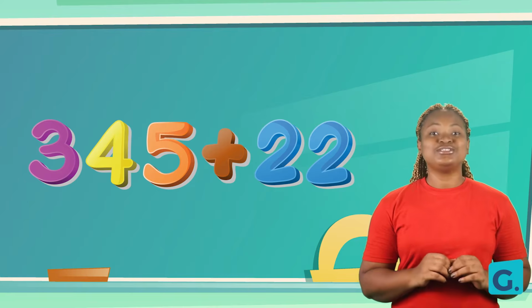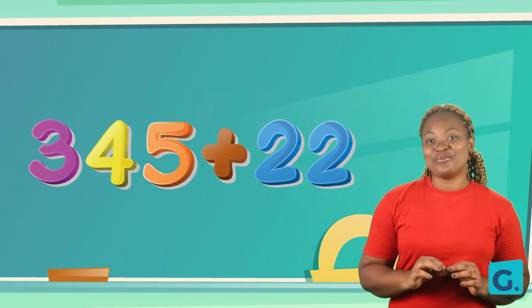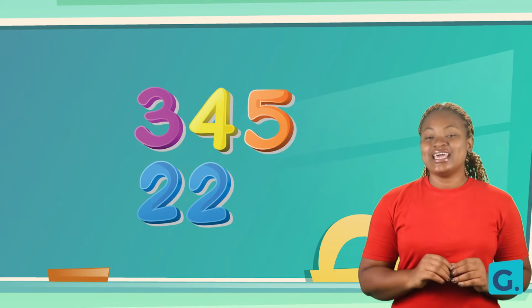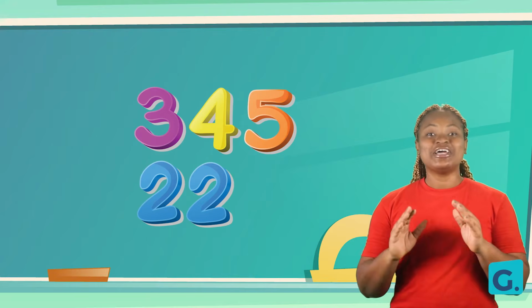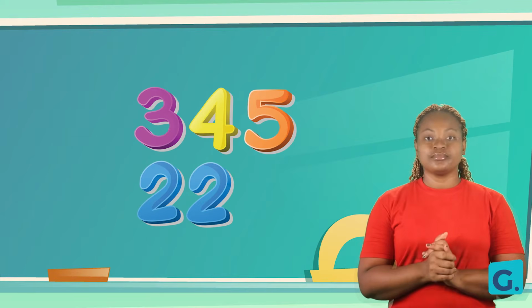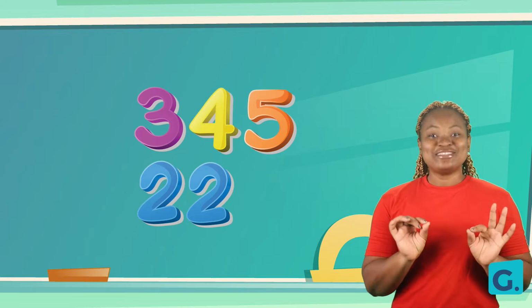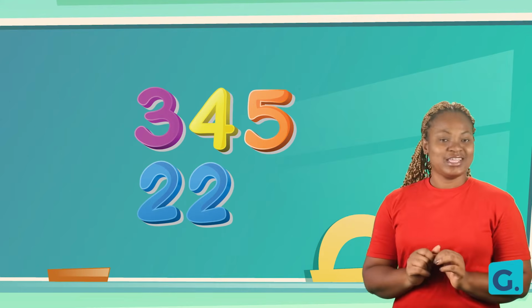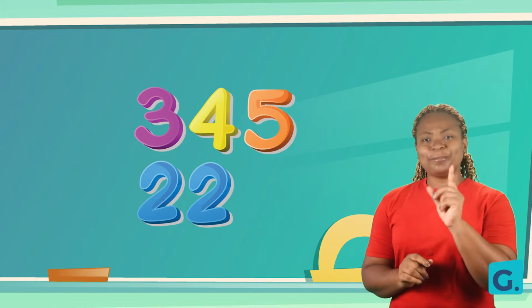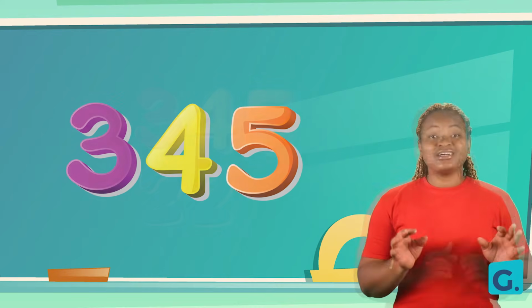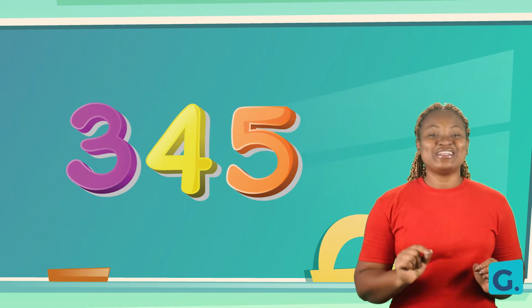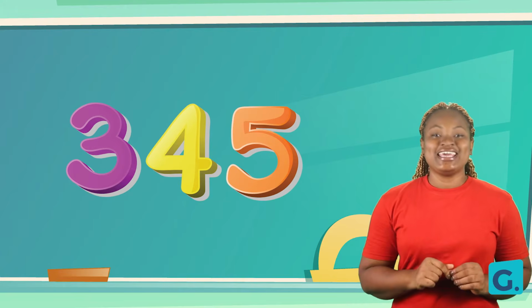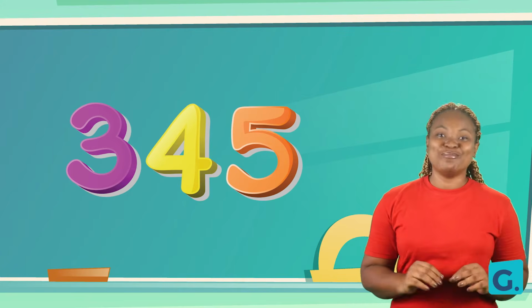How do we add up these two big numbers? Well, we can do that by arranging the numbers vertically first and then putting their place values. But how do we know what place values to put down? Okay, what's the bigger number first? Good, 345. It's a 3-digit number.